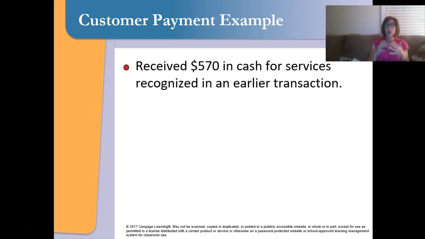Well, we already counted that service in our revenue account. We don't want to count it twice. So we've got cash coming in, so we know that that's obviously an account that's being impacted. The other account that will be impacted is the accounts receivable, because it's now going to reduce the amount of money this customer owes us.